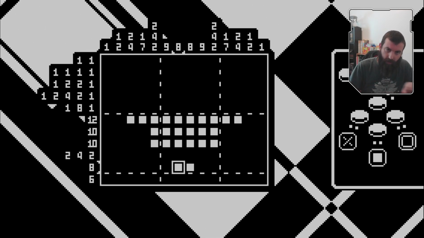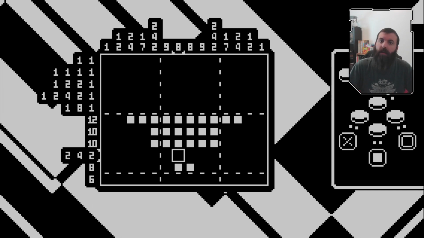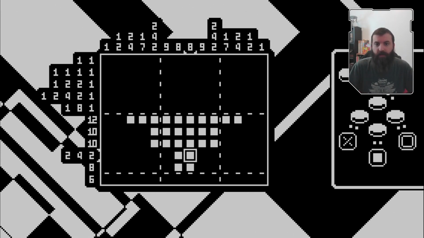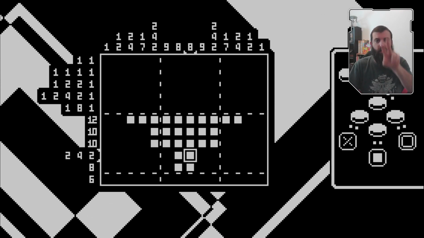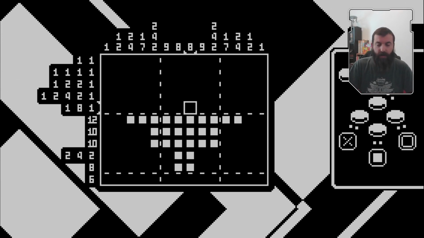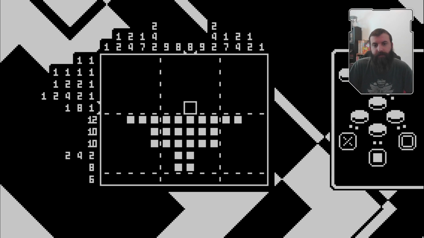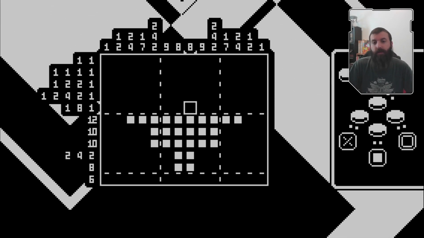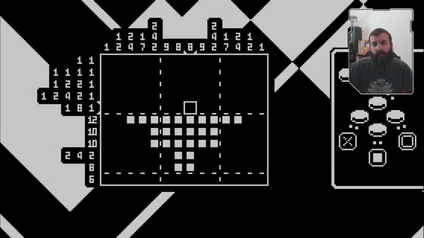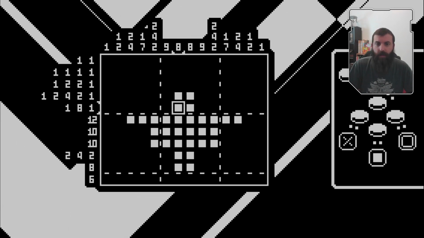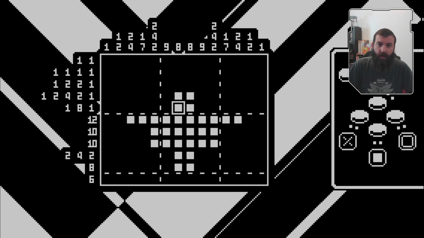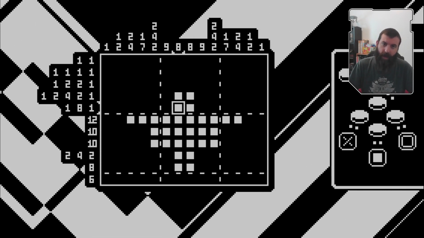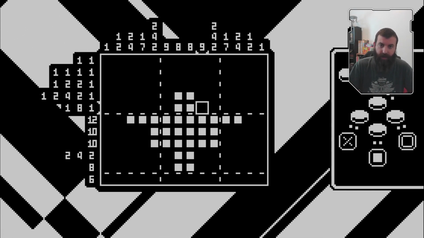Alright, so given that we know that horizontal 8 has to be there, we now know that these 2 have to be filled in because we've got the continuous 8 up here. Also know that these two have to be filled in. It's the lowest arrangement that we could have for these 8s would go to there.